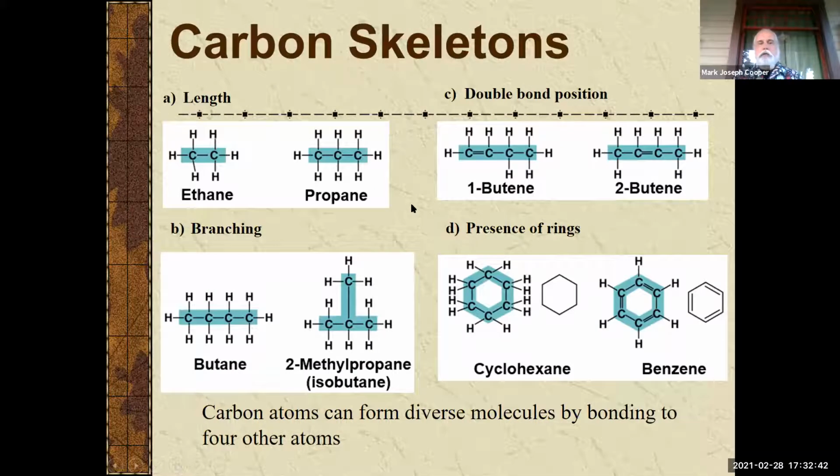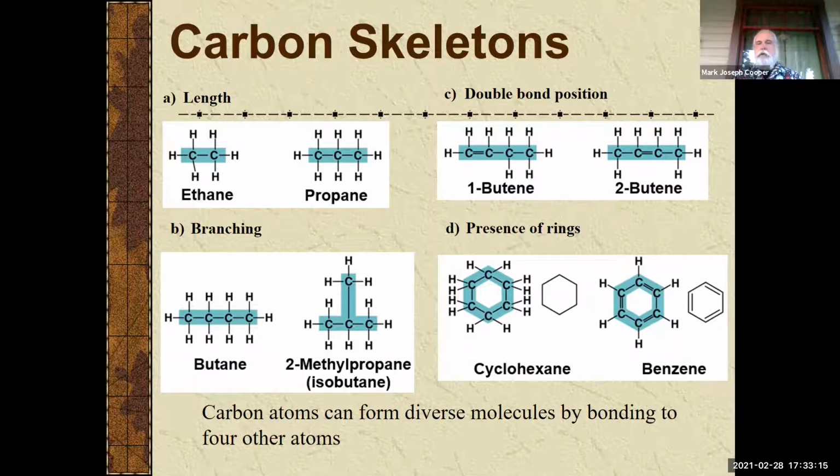So what we're going to do is look at how they can be put together, and we're not going to worry too much about these, but the lengths of the carbon chains can be different. They can share 2 sets of electrons with something called a double bond, and where that double bond is will give it its shape. Then you can also have branching, a straight one versus a branched one, and also the presence of rings.